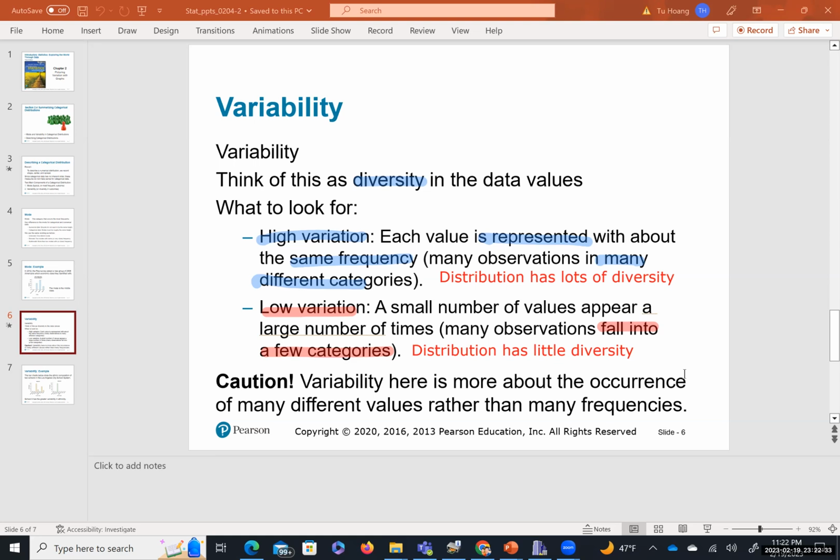Okay, so variability here is more about the occurrence of many different values rather than frequency. Keep in mind that variability is more about many different values occurring.